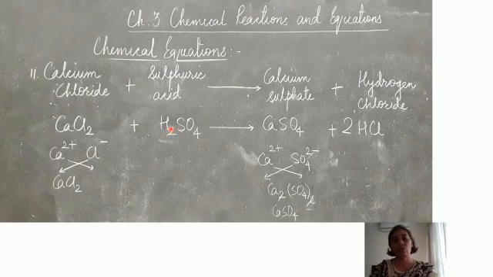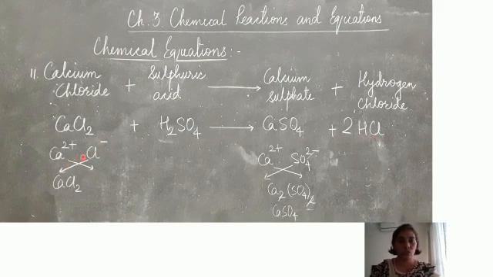Hydrogen is positive, so chlorine and hydrogen combine to give you hydrochloric acid. This is how we can easily write down the reaction, and we can easily balance this also.